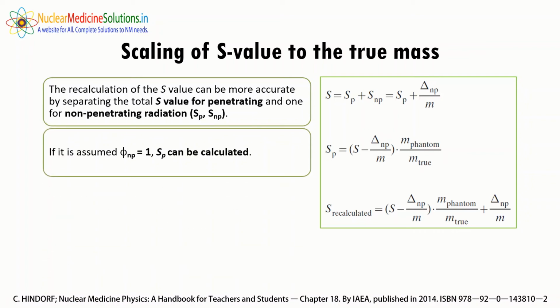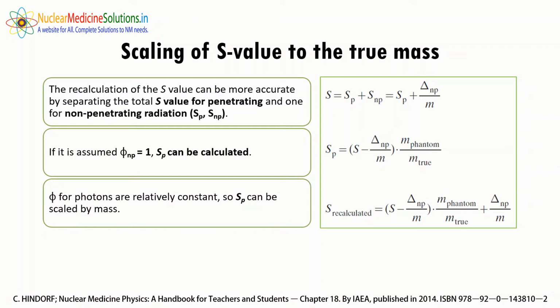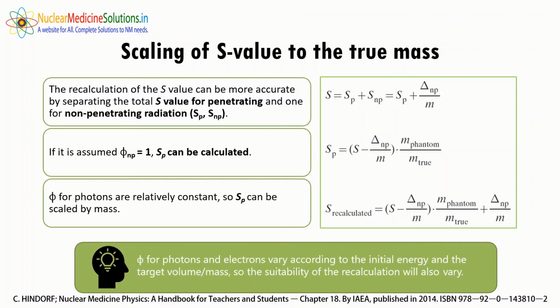It is assumed that phi for non-penetrating radiation is 1 and phi for photons is relatively constant, so SP can be scaled by mass, and this is the calculation for how to calculate S value for the true mass. The phi for photons and electrons varies according to the initial energy and the target volume or mass, so the suitability of recalculation will also vary.